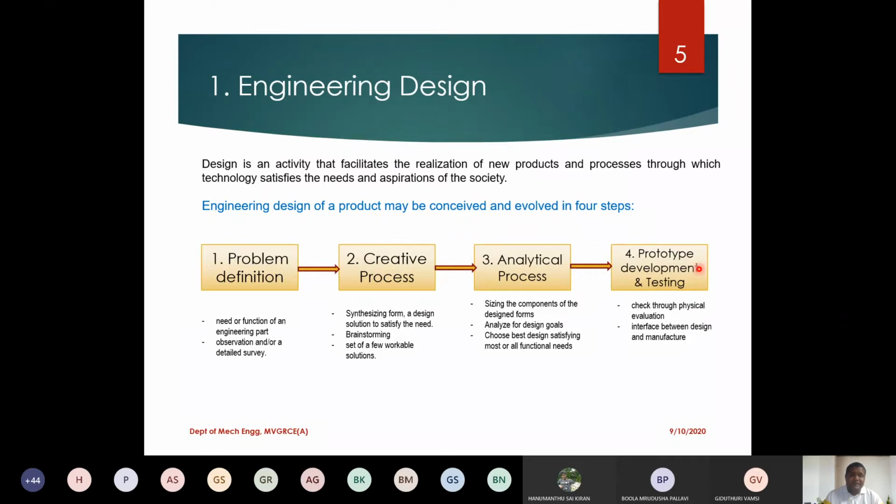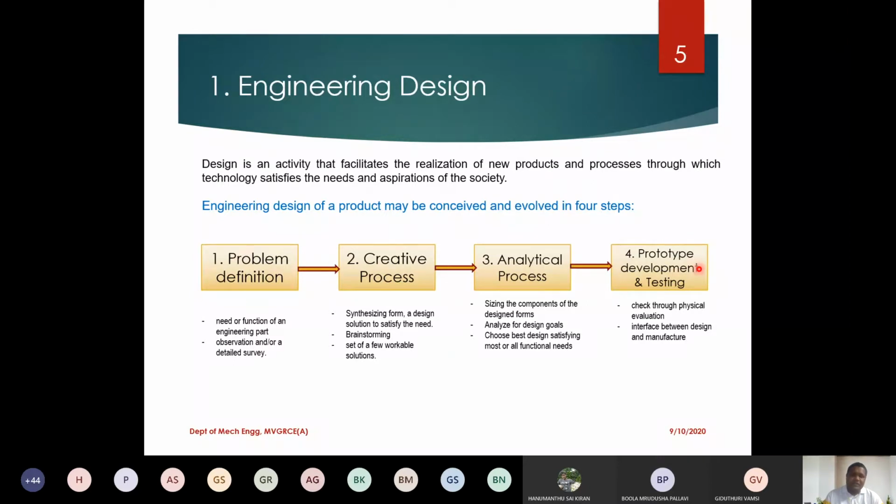Prototype doesn't mean that it's the actual final product. Please try to understand there is a lot of difference. Prototype is generally used only to understand how your idea, how the solution for a particular problem would be. If you are satisfied with your prototype, only then can you think about production.